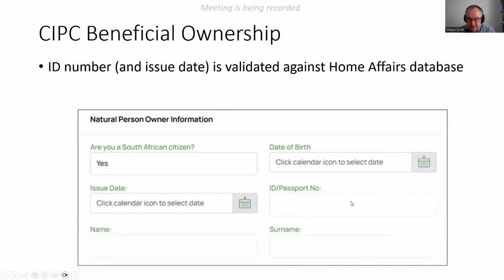When I put in my ID number, it went to Home Affairs and picked up my name and surname as registered with Home Affairs. When I put in the issue date, it was very, very specific, and I had to put in exactly the issue date that exists on my ID book in order for this to go through. So there's that level of control that exists there.